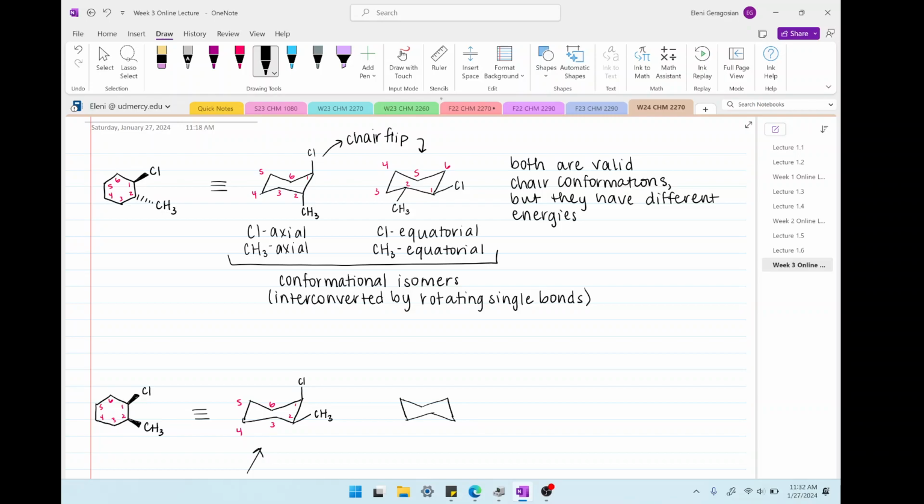So often if you're looking in a textbook and they're showing you a chair flip, one will have the left and right bonds angled to the right, and the other will have them angled to the left.